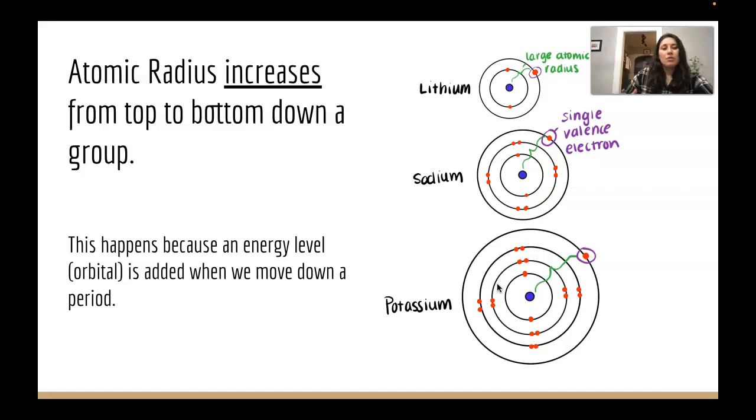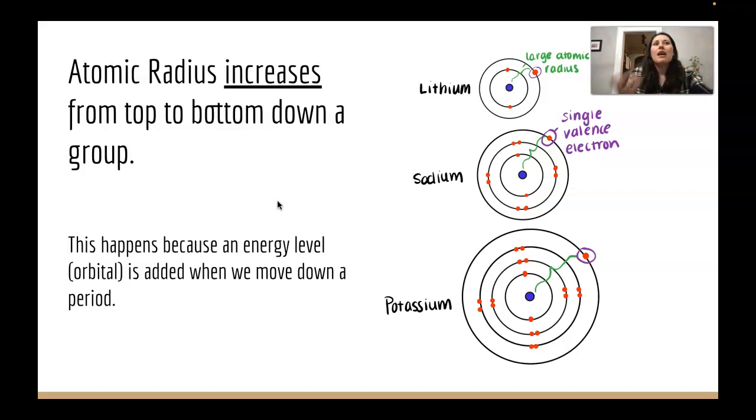Now, if we go down a group from the top of the periodic table to the bottom, atomic radius increases. This might be a little bit more straightforward. And this is because as we go down a period, we add an orbital, we add an energy level. And so that distances those valence electrons from the nucleus and puts them further away.